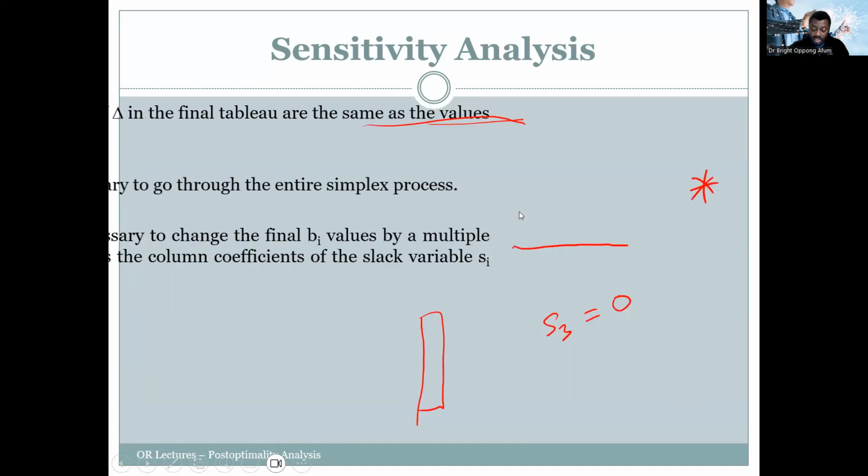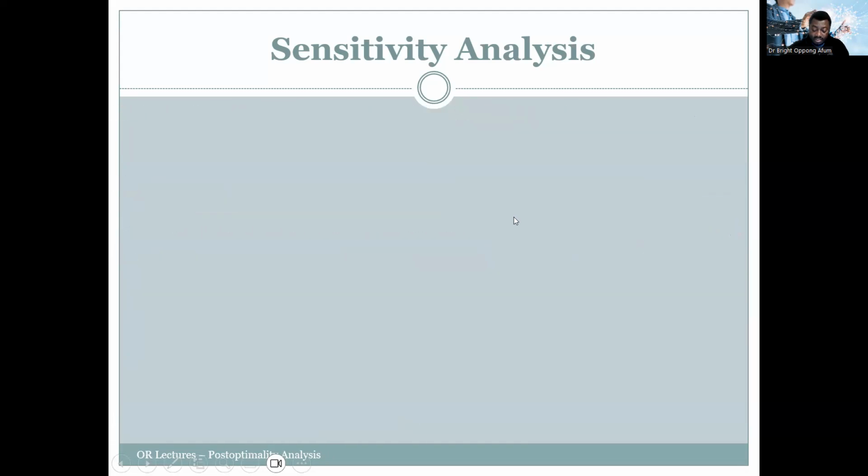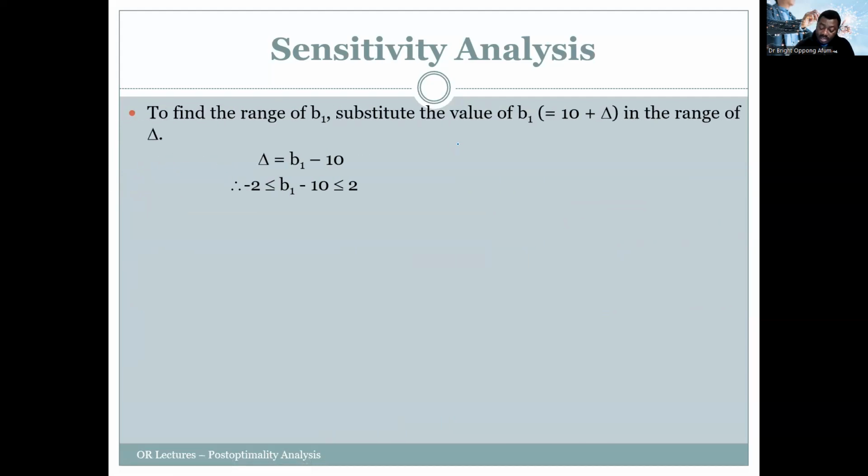So if the BI is 10 plus the delta, which is the labor, then the delta is BI minus 10.